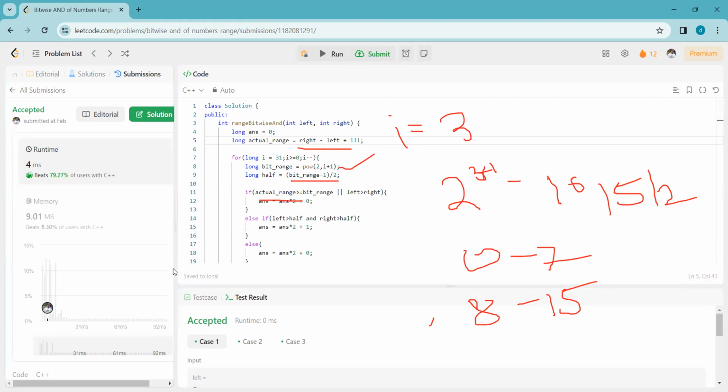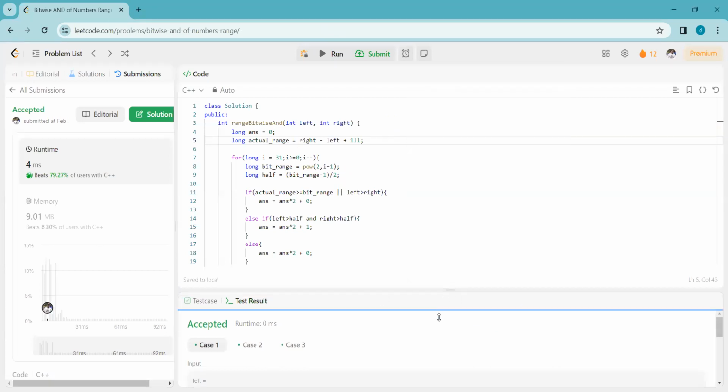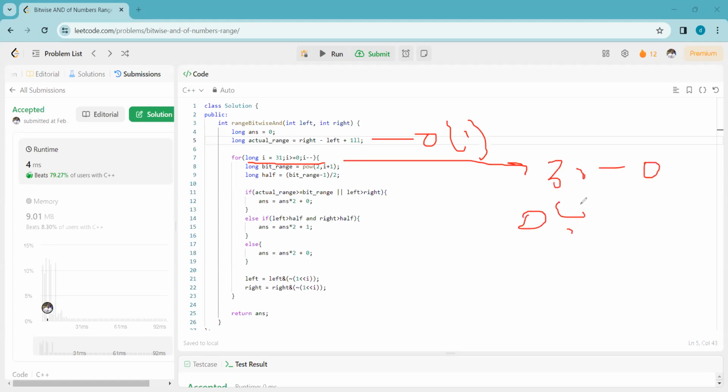Yeah, it is accepted. So what is the time complexity of this solution? If we see, this will take O(1) time. We are running the for loop from 31 to 0, that is 32 times, that is O(32).